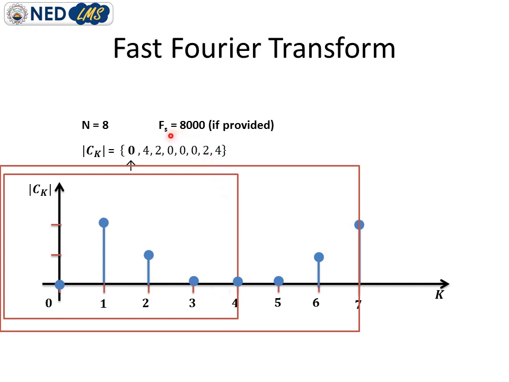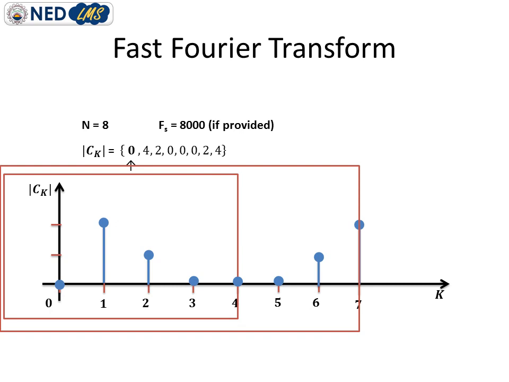Another interesting thing we can do with this numerical is that if Fs is provided to us, we can transform this x-axis from k to actual frequency, which will be in hertz. How? Fs will be divided by N, so we will have 1000, or 1 kilohertz. So the spectral spacing or frequency resolution is 1 kilohertz, which means that two spectral lines are separated by 1 kilohertz.